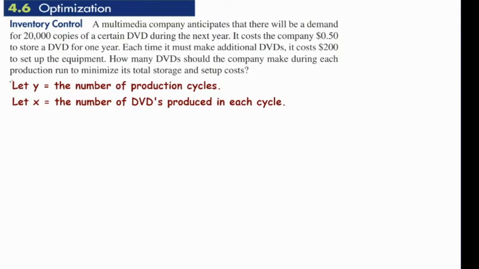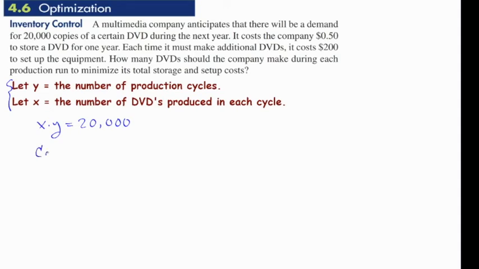So we've stated here that we're going to let the variable y be the number of production cycles and the variable x be the number of DVDs produced in each of those production cycles. From that, we can see that x times y, the number of cycles times the number of DVDs produced, will equal our 20,000 DVDs.